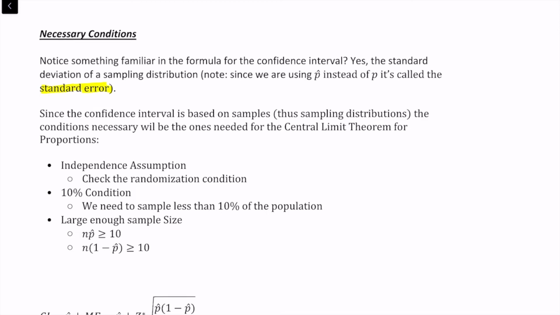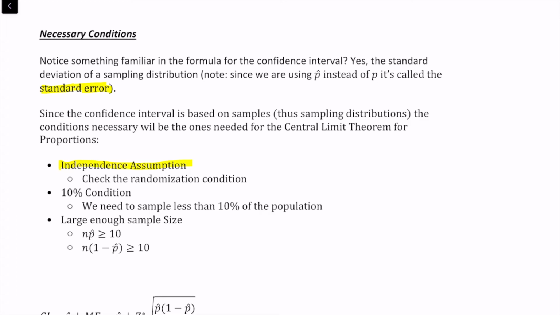Anyway, since the confidence interval is based on samples, hence sampling distributions, the conditions necessary will be the exact same conditions that we talked about when we did central limit theorem for proportions. Okay? What were those conditions? Remember, we need an independence assumption. We need independent data values. And how can we check for that?